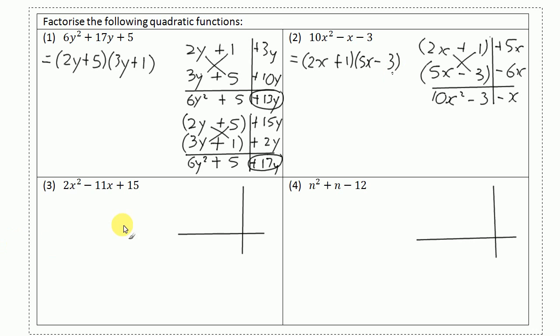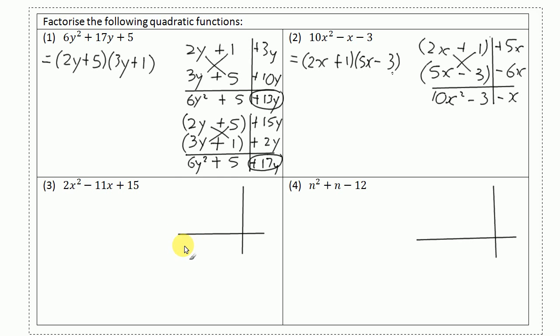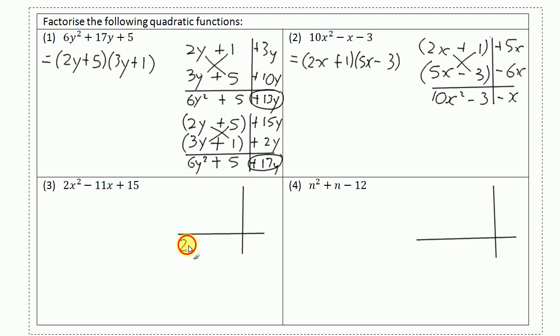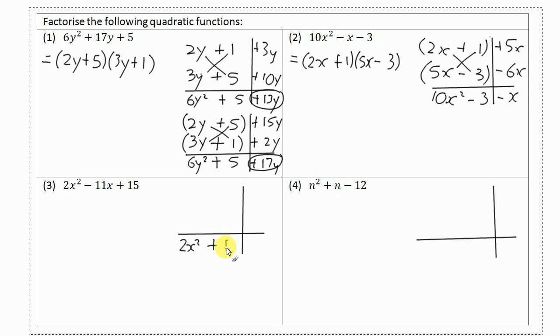Now let's go on to question 3. Again, copy the first and last term below here. 2x squared and plus 15.